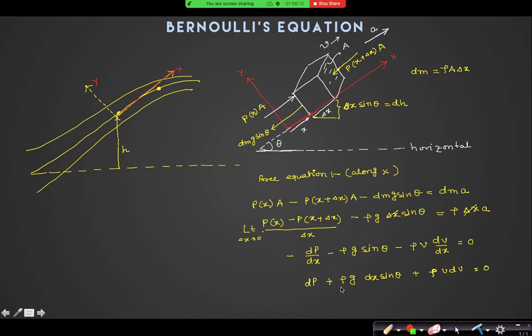So the formula becomes dp plus rho g dh plus rho v dv is equal to 0. Now if we integrate all the terms, we get p plus rho gh plus half rho v square equal to constant.